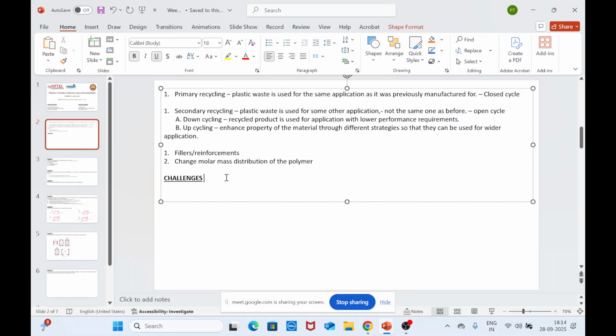But in the case of molar mass distribution changes, that will more often be about breaking the polymer chains, or doing some kind of treatment such that the chains can break.